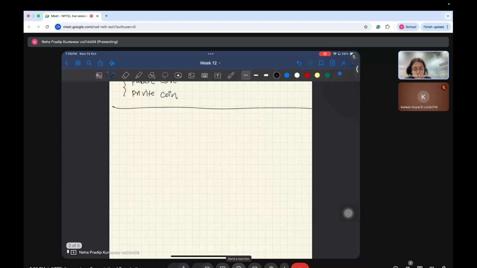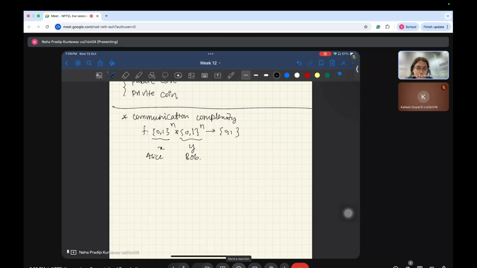So last time we saw what is called communication complexity, where basically we had a function f, and part of the input was known to Alice, and the other part was known to Bob, and their goal together was to compute f of x y.